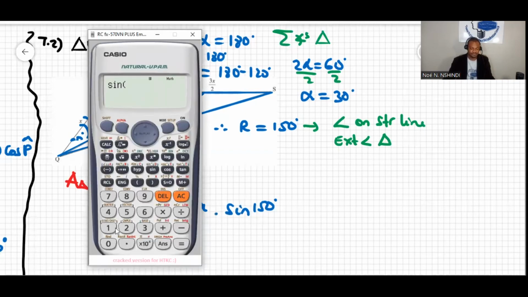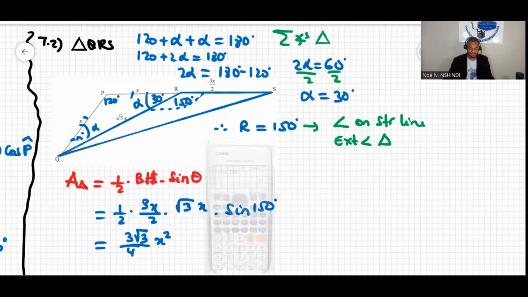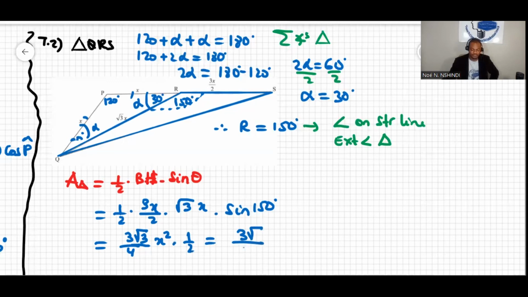We can do that on the calculator. Sine of 150 degrees is a half. So this will be 3 root 3 over 4 x squared times a half, which is 3 root 3 over 8 x squared.